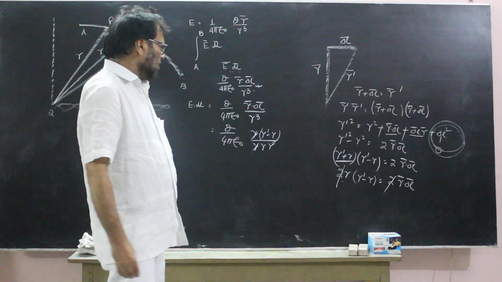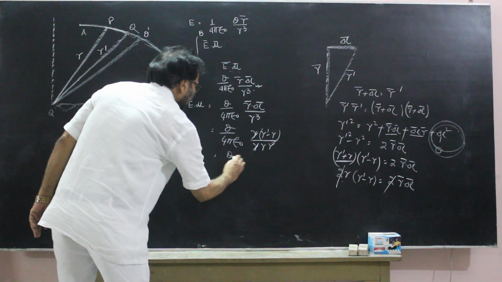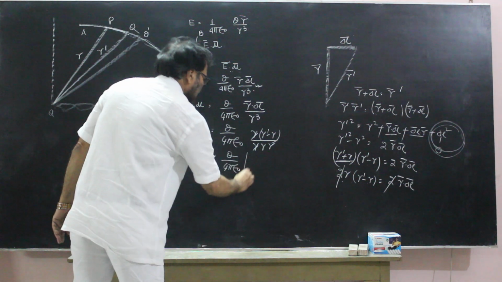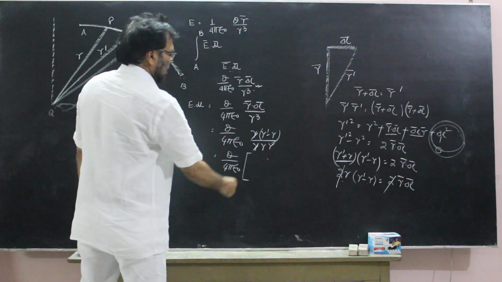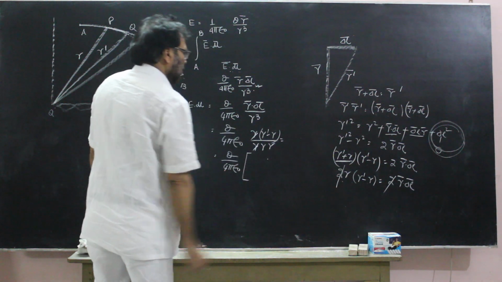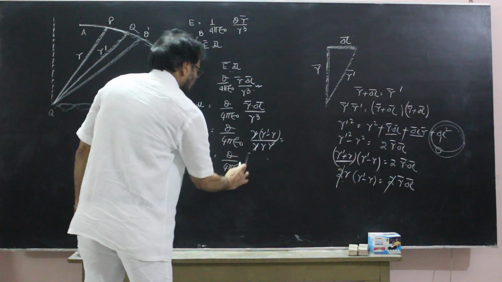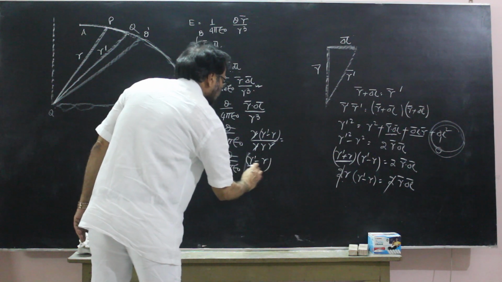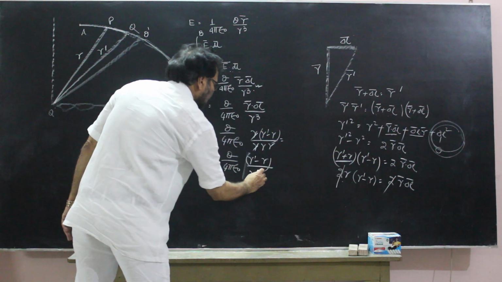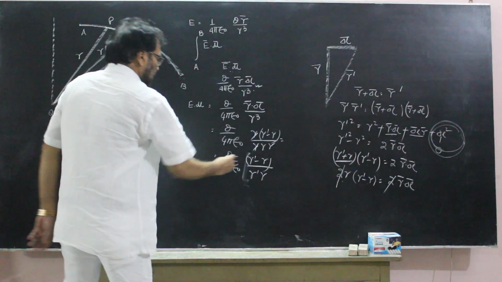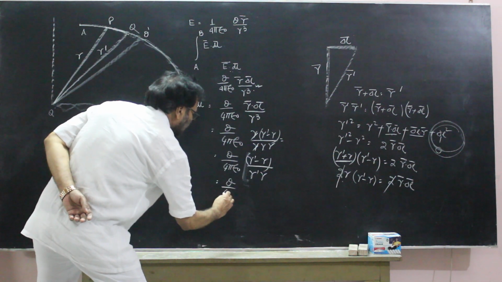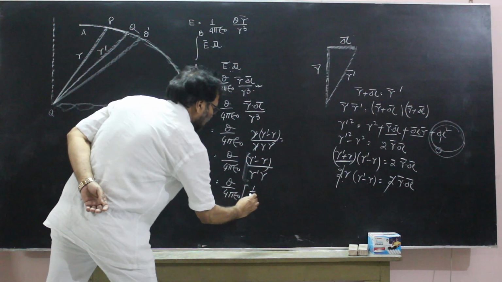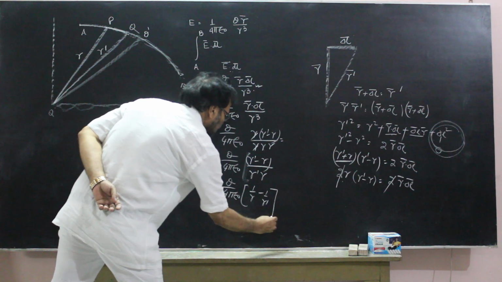r dash and r are very close to each other, so we can write 4 pi epsilon, डिवाइड करेंगे, एक r को r dash मान लेने में कोई प्रॉब्लम नहीं है, तो हम इसको ऐसे लिख डालेंगे r dash माइनस r, और एक r को r डैश ले लिया और दूसरे को r, और जब डिवाइड करेंगे तो आ जाएगा q 4 पाई एप्सिलॉन नॉट 1 by r minus 1 by r dash.